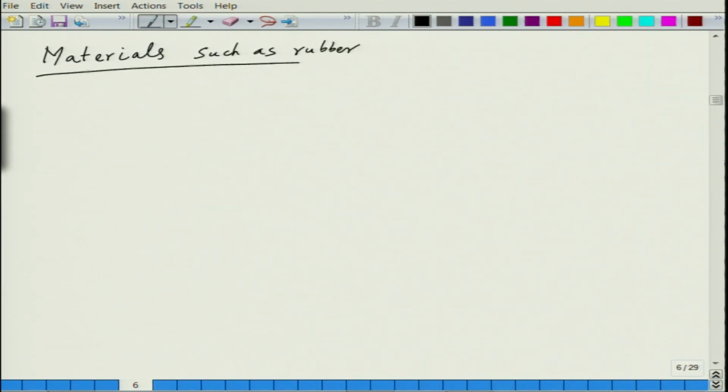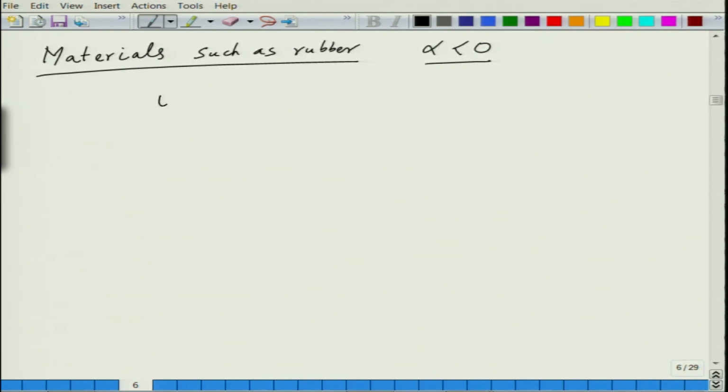On the other hand, for materials such as rubber, alpha is less than 0, okay. So, the linear coefficient of thermal expansion is negative.